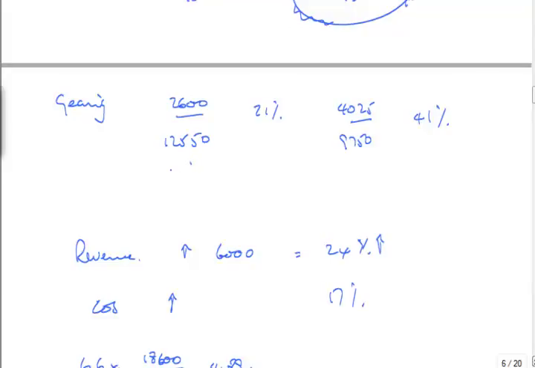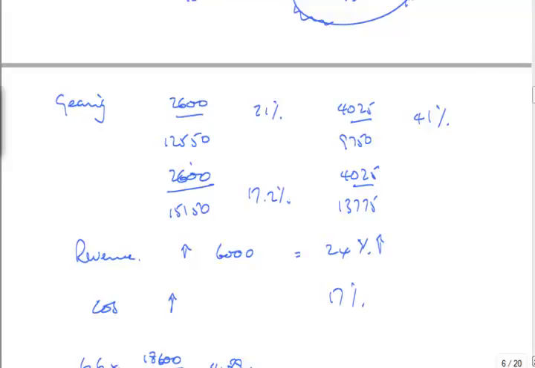If I'd done 2.6 over equity plus long-term loans, which is 2.6, that would give me 15,150, and 4,025 over equity plus the long-term debt of 4,025, which is 13,775. If I work those out, 2.6 divided by 15,150, that's 17%, 17.2%.